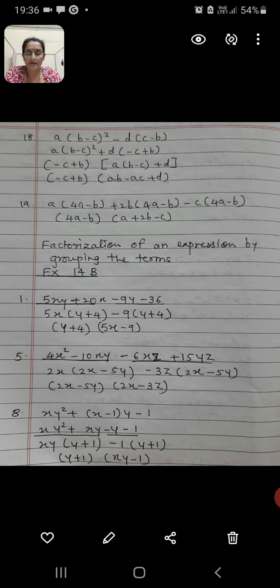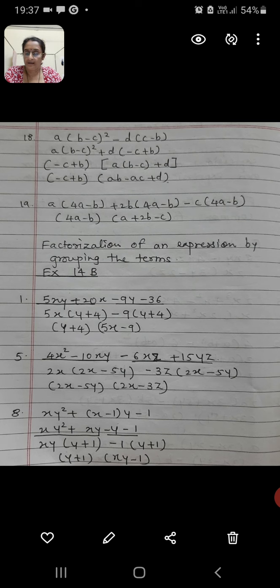Now what will remain when you divide minus 3z to the first term and second term? You will get 2x minus 5y. So here again we got the same bracket, 2x minus 5y, that will be our first factor, and the remaining term, that is 2x minus 3z, will be the second factor.